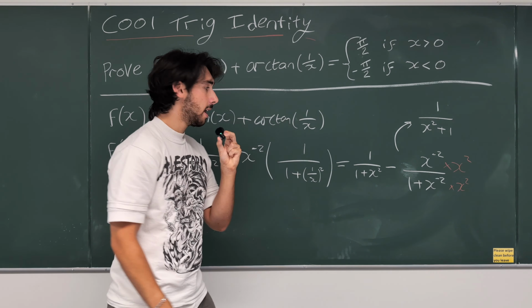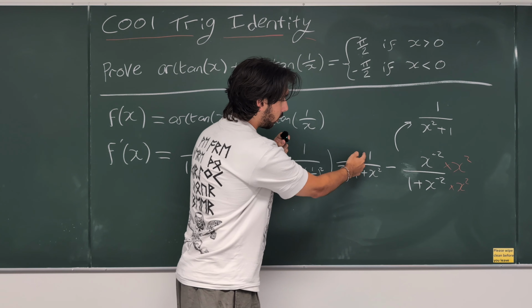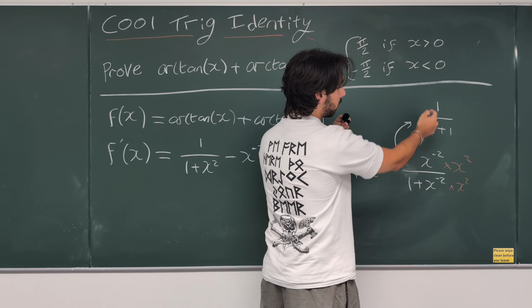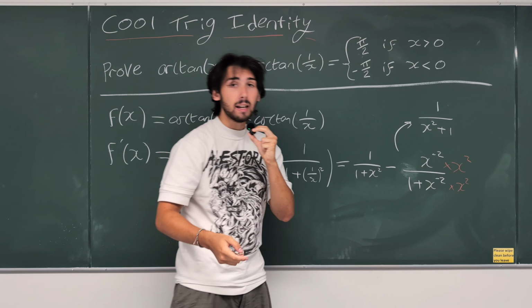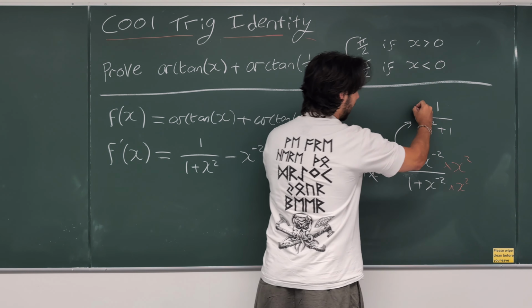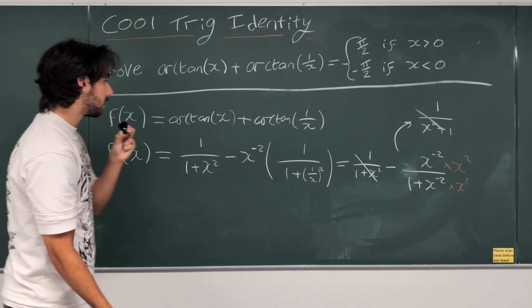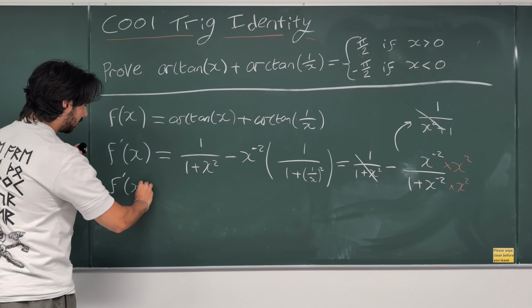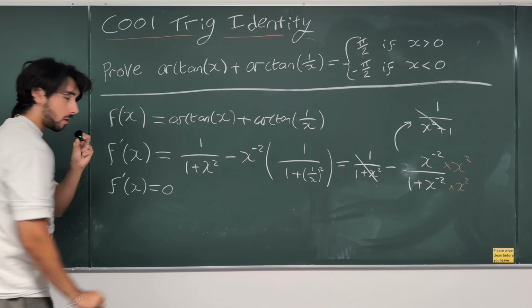Does that make sense? And we've got 1 over 1 plus x squared minus the same thing. Obviously, 1 over x squared plus 1 is the same thing as 1 over 1 plus x squared. So this and this cancel out because they're the same thing, which means that the derivative of this function that I've made up is actually 0.